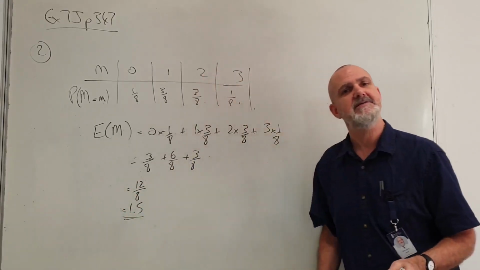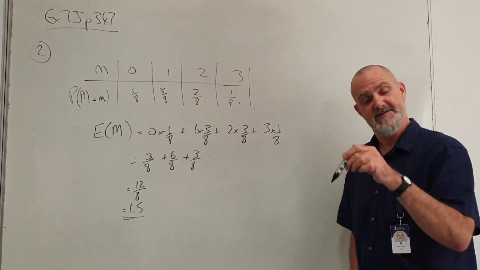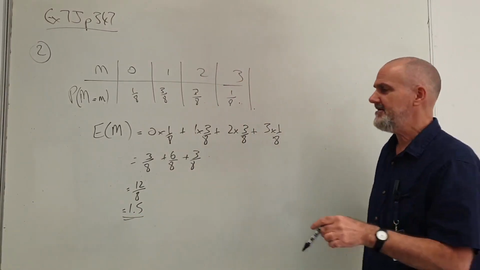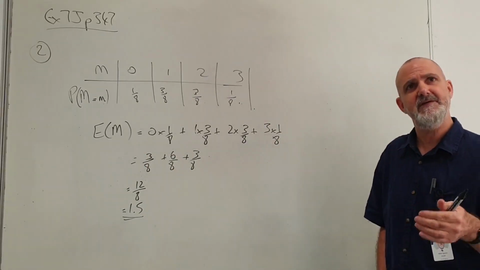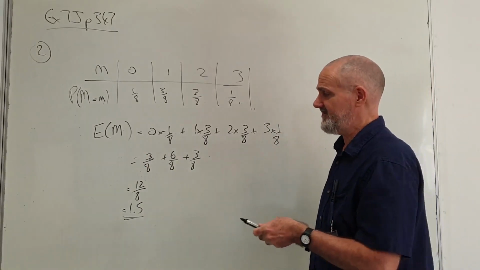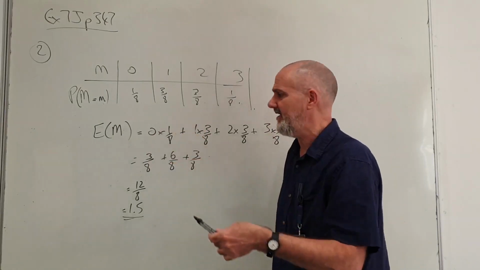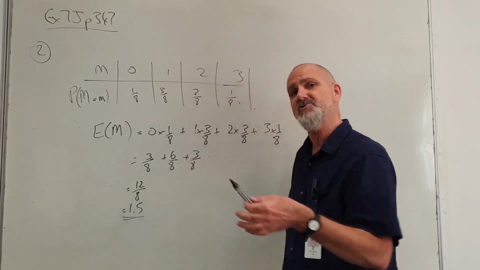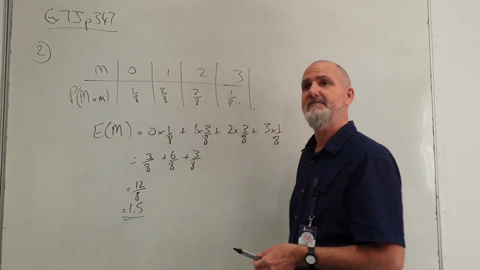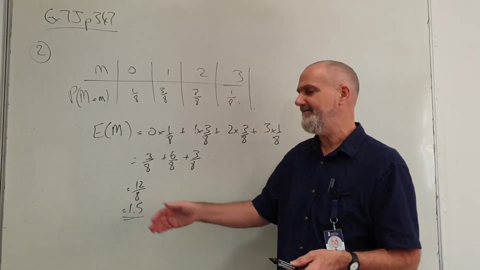Now of course that doesn't make sense in the context of a single set of triplets, but it's 1.5, and it's what we'd expect, isn't it? If it's exactly equal chance of female and male, then we're expecting 1.5. Now of course, in the context of, say, 100 triplets being born, then 150, and it makes sense in that.